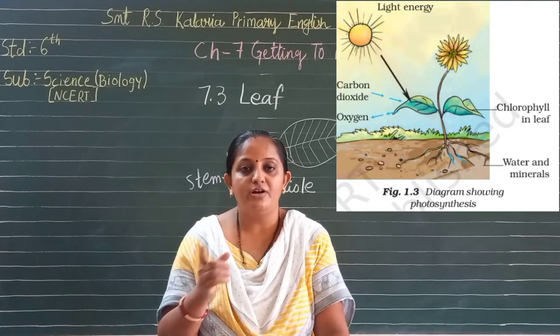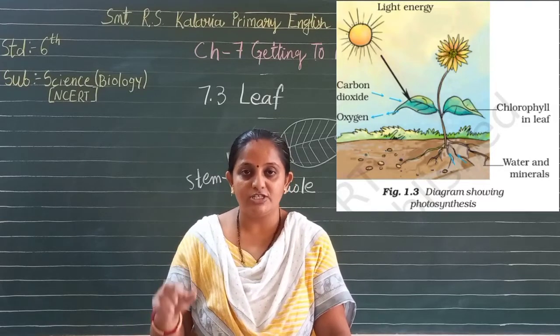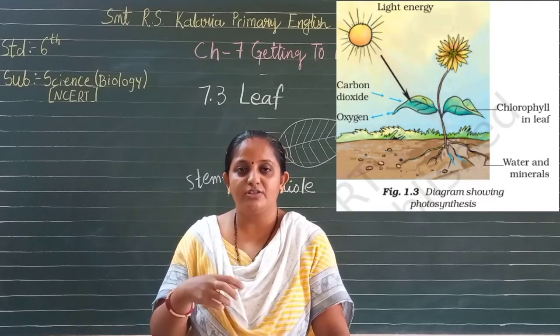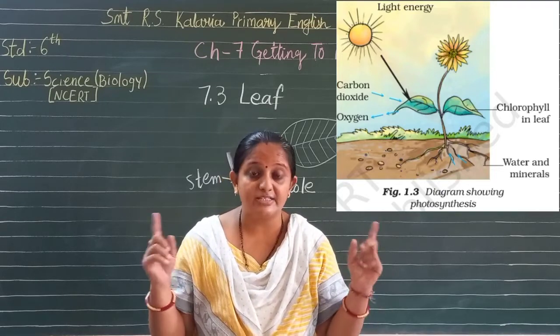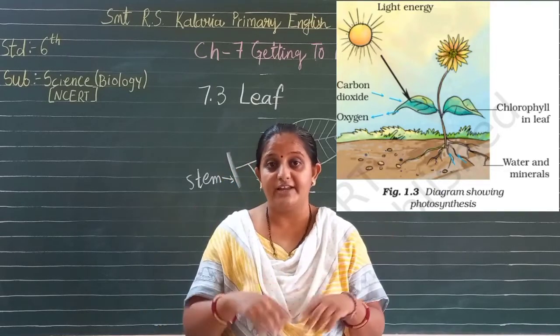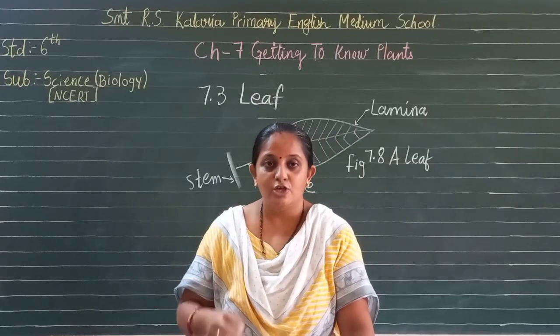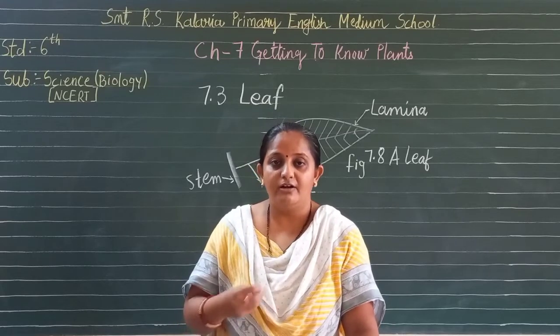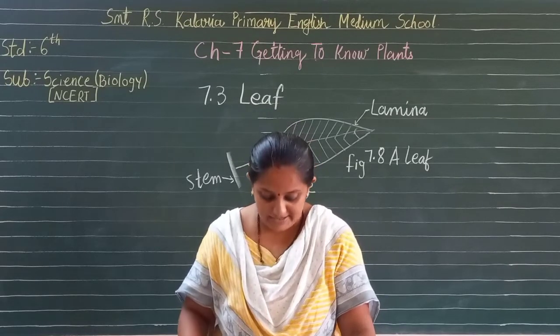Starch is a form of carbohydrate which we understand, and oxygen is released. Oxygen is an important gas for the survival of we humans, isn't it? So plants take atmospheric carbon dioxide and release the life gas, that is oxygen. So we must plant a tree and we should take care of the plants.